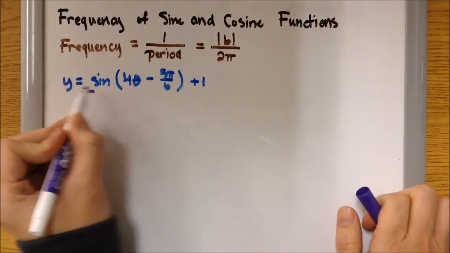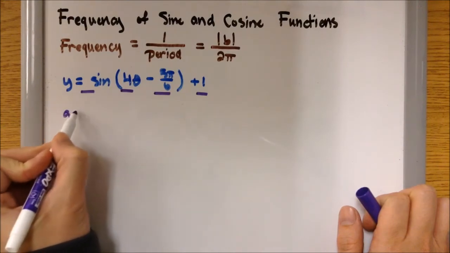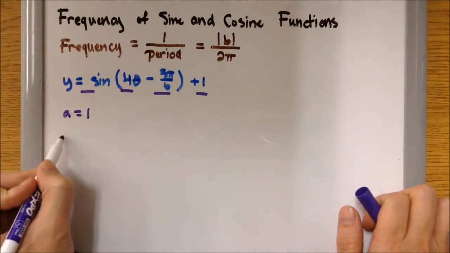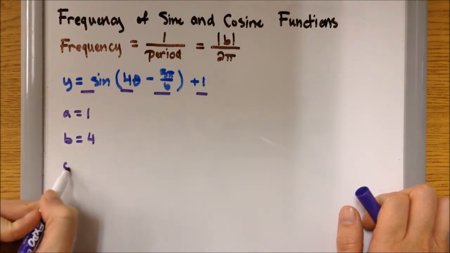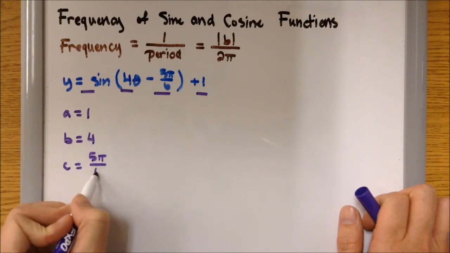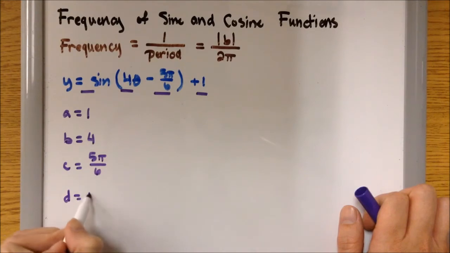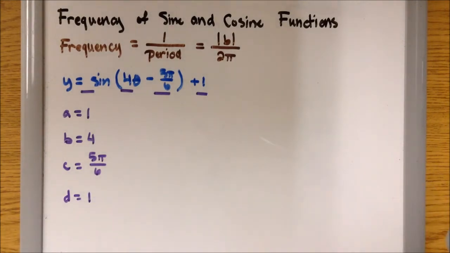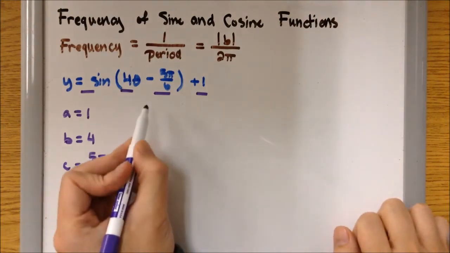So, A, B, C, D. So A is just 1, B is 4, C is 5 pi over 6, and then D is 1. Alright, now if we're looking for just frequency, then follow the rule.